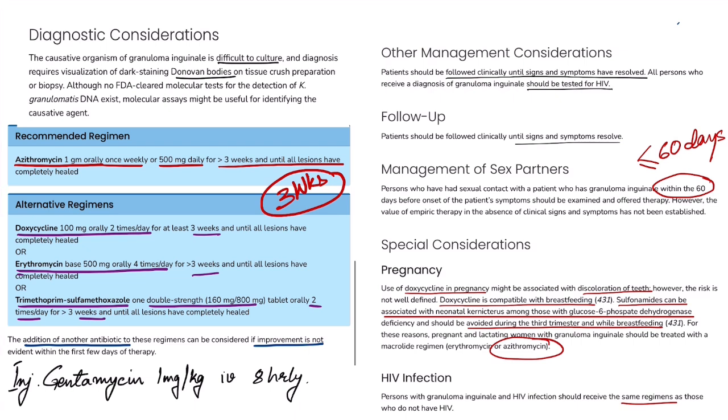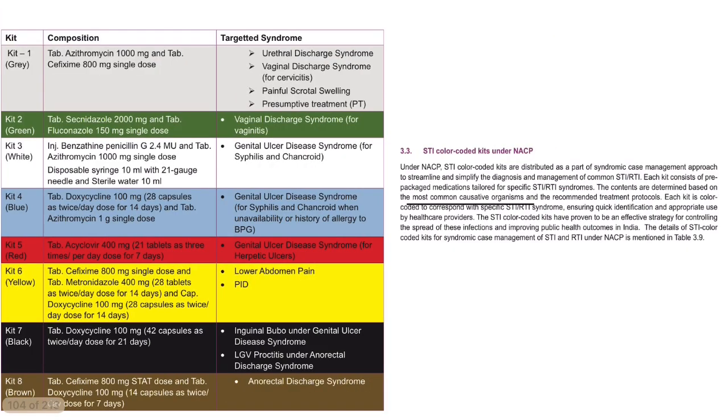In HIV infected patients, the same regimen is followed, but we might need to give repeated dosing as it may take longer to heal. Now the next question is, is there any kit for Donovanosis in the kit system of the NACO or syndromic approach of the NACO guidelines? Here they have mentioned that these kits are for the most common causative agent of any syndrome.